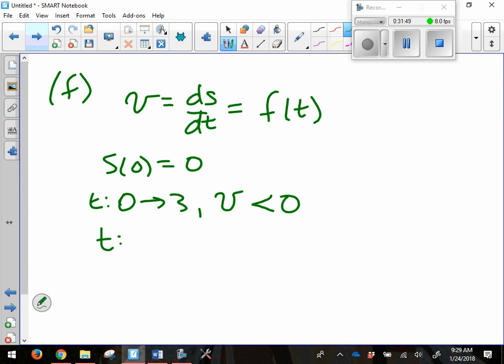T equals 3. So actually, I guess what we're looking for is when it's moving towards and when it's moving away, right? So if we make a little number line here, here's s of 0. So it's moving away from the origin.